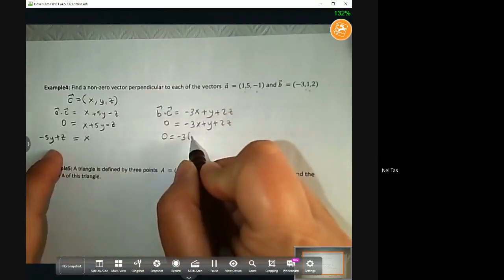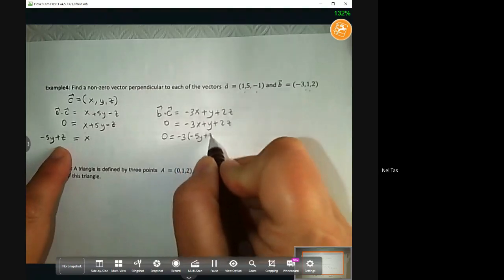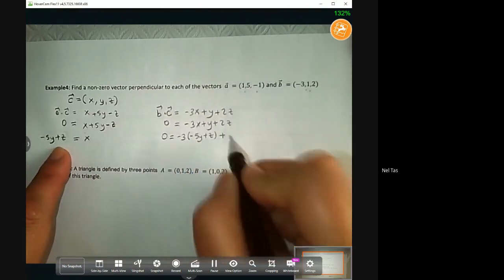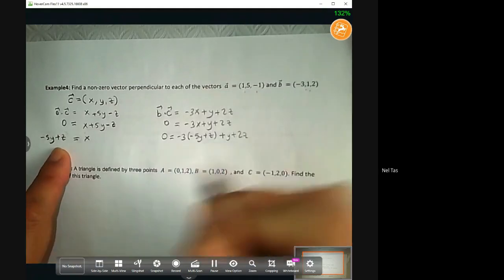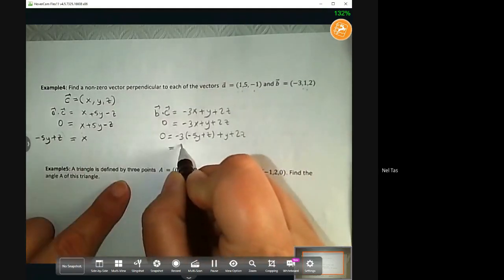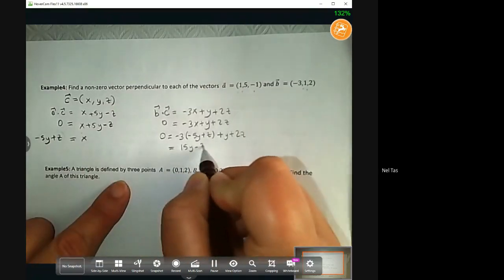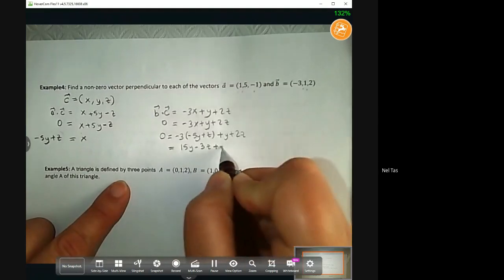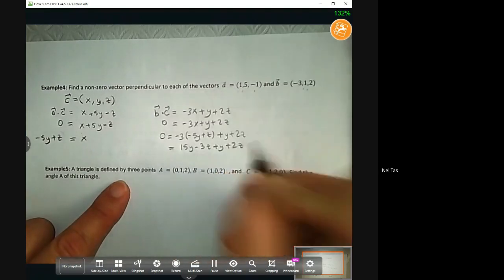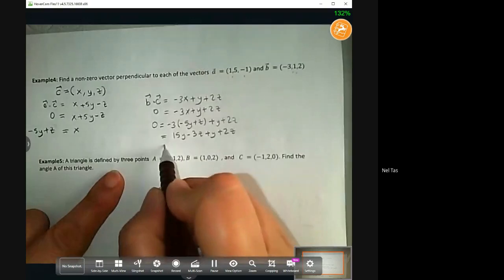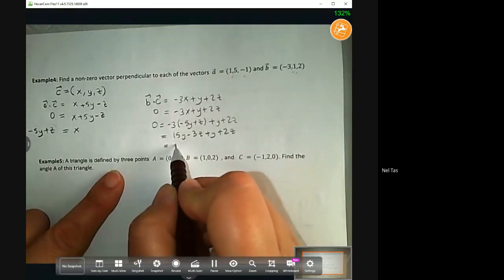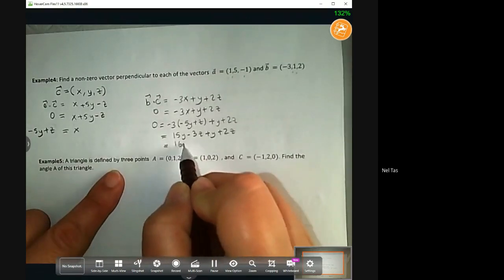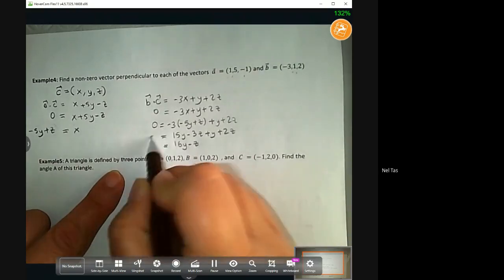Negative 3 times negative 5Y plus Z is the X, plus Y plus 2Z. So we get 15Y minus 3Z plus Y plus 2Z. What do we have here? 16Y minus Z.